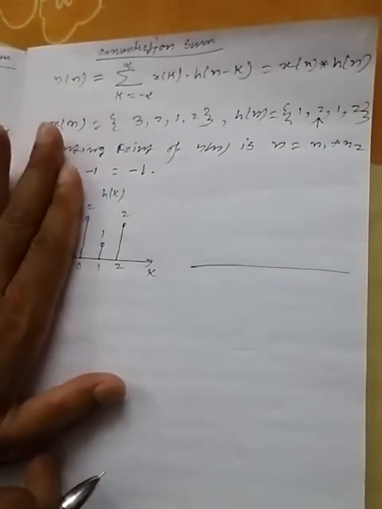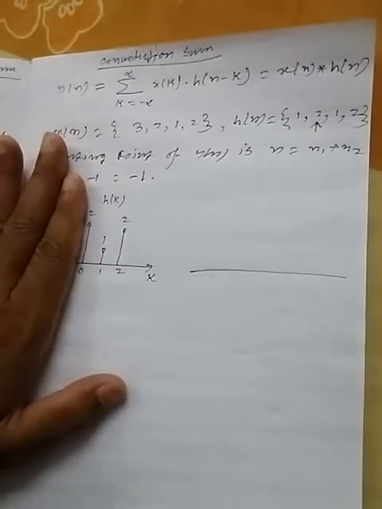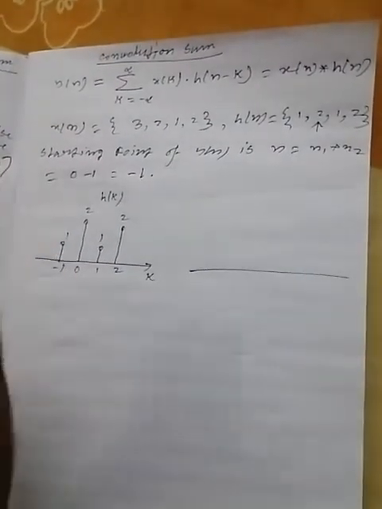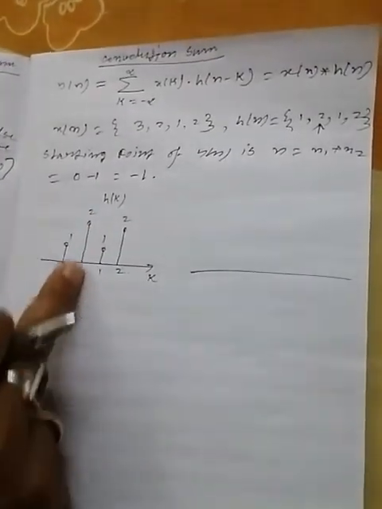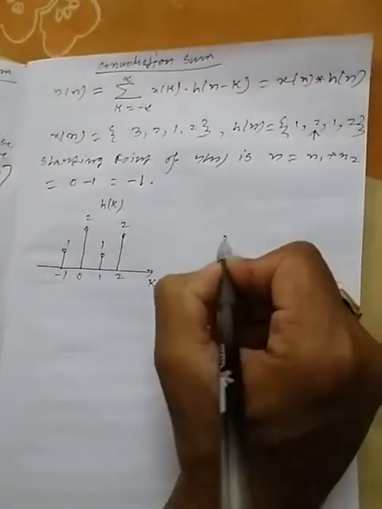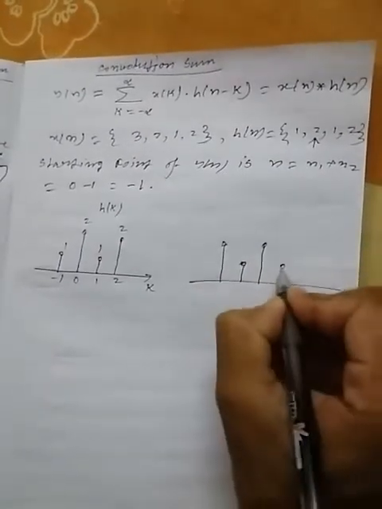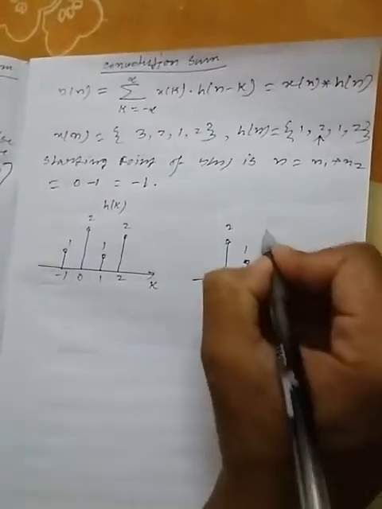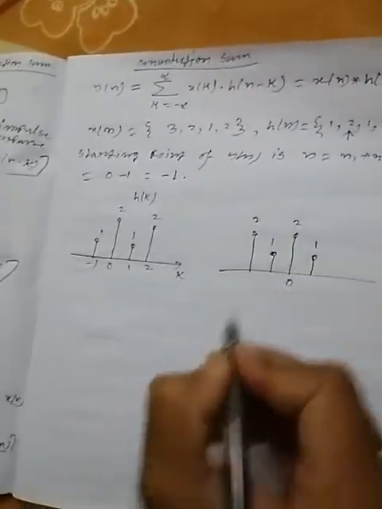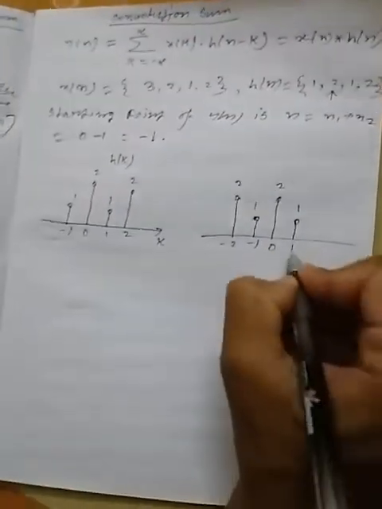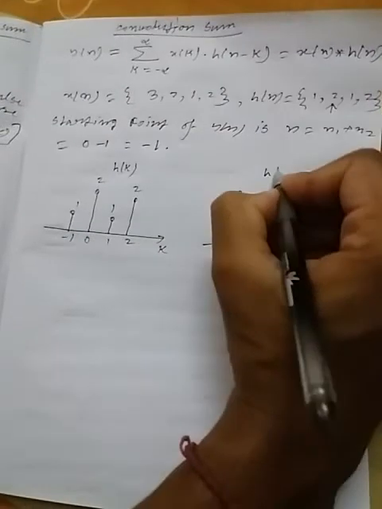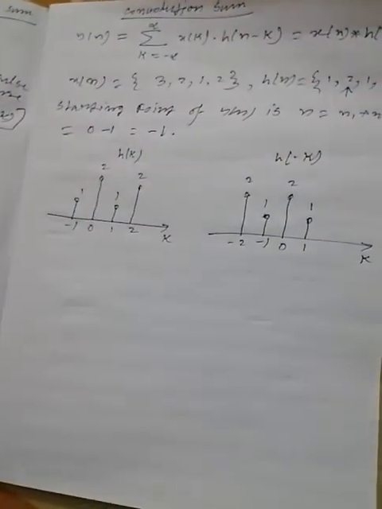With respect to the 0th sample, the samples swap sides, so it becomes 2, 1, 2, 1. This is the 0th position, this is minus 1, minus 2, and this is position 1. Along the x-axis there is k, and this is h of minus k.